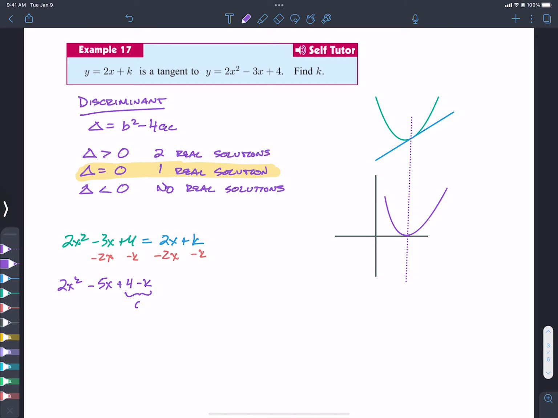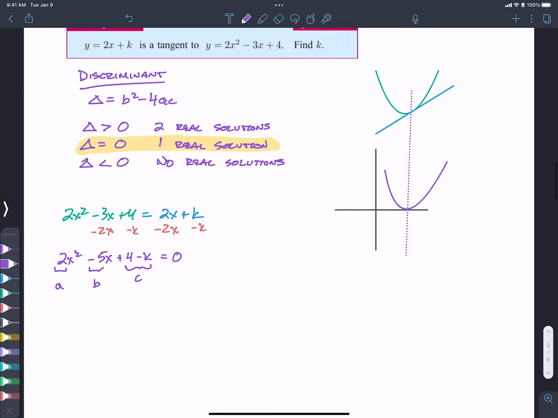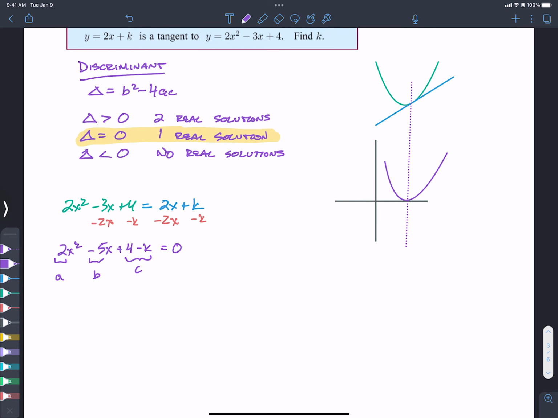This all is c, and we know that whole thing is going to equal 0. This here, remember, is b, and this here is our a.